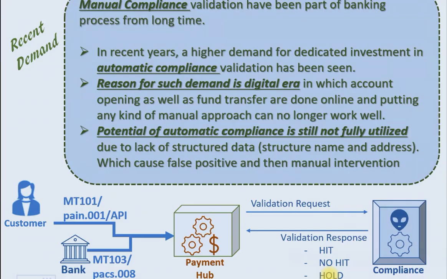Because of common names in some geographies, sometimes or most of the time the hit that has been found is a false positive. So when manual intervention is done, in 90% of the cases it is found that it is not a real hit. So let's see how this is happening in the MT world and how this can be further incorporated in the MX world to make better utilization of it.